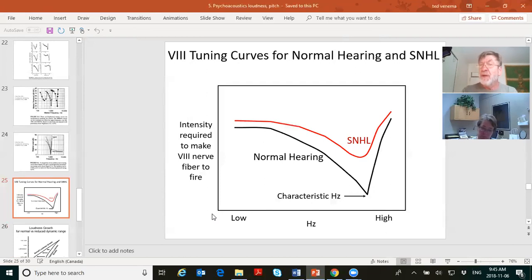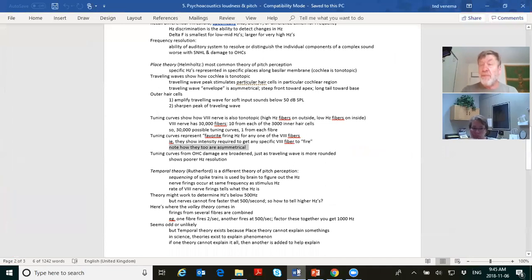Carefully look at the verbiage of the vertical axis, the intensity required to make some specific eighth nerve fiber to fire. So with sensory neural hearing loss, not only are your traveling waves broadened and rounded and no longer sharpened, but also your tuning curves are broadened and rounded and are no longer sharp. And all of this is to tell us that hearing aids and people mix like oil and water, because the damage to the end organ of hearing is so vastly different from the damage to the end organ of vision.